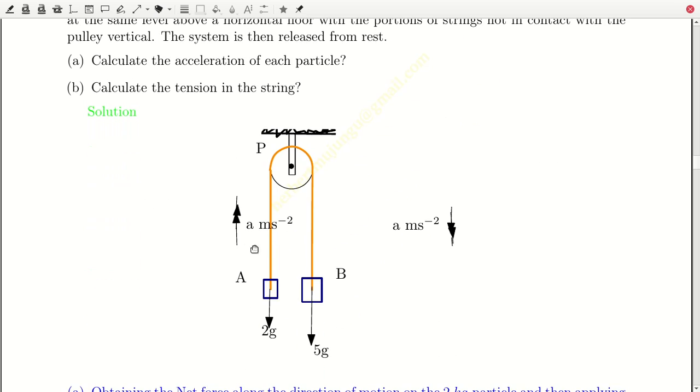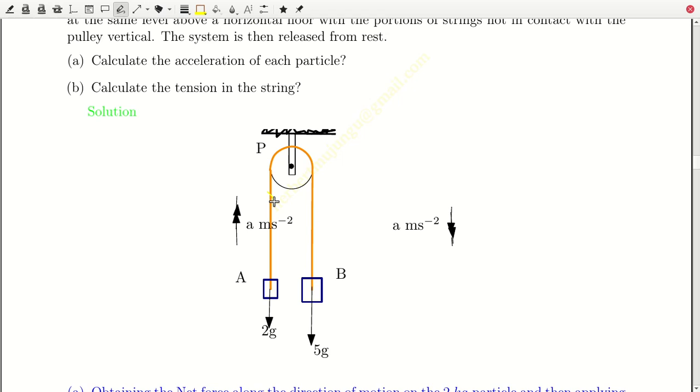When we make a sketch, as you can observe here, this 5 kilogram particle is heavier than the 2 kilogram particle, so it will pull this and then it moves downwards. Then this sketch should also contain the tension in the string. You can observe it is missing. There should be tension in the string. Let us add it there.